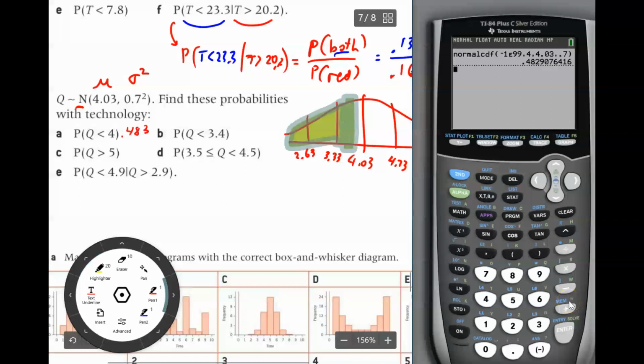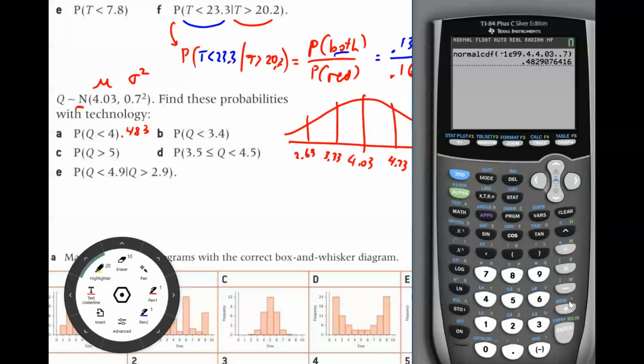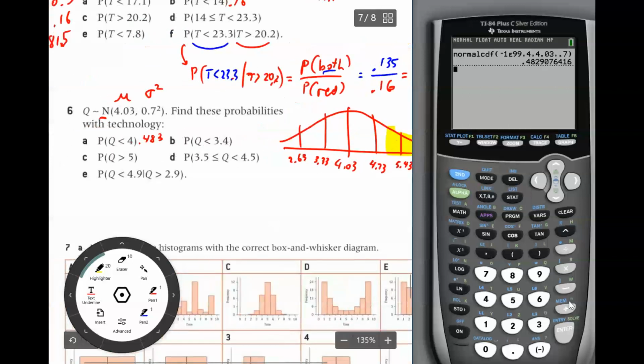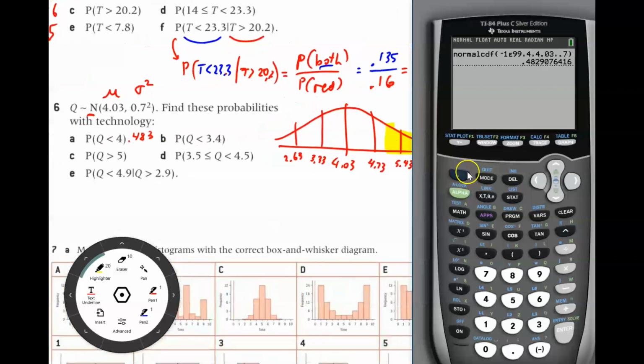I'm going to erase my picture there. And now I'm going to look at Q is greater than 5. That would be more toward here, right? So that looks like it would be maybe like 10% or something. Let's see how much that is. It's always good to look at your picture and make a guess, because then when you get your answer and it's totally different, you're like, okay, did I guess wrong or did I make a mistake with the calculator?